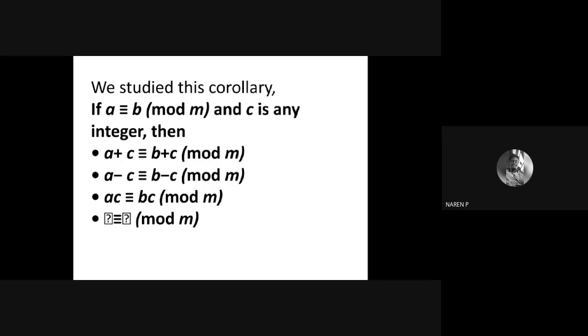At the same time, a and b can be reduced by c, giving a minus c congruent to b minus c mod m. And c can be multiplied on both sides, so ac congruent to bc mod m. For a square, the left-hand side a is multiplied by a and the right-hand side b is multiplied by b, so a square congruent to b square mod m. This is one of the important corollaries, and it will be applied to solve problems.